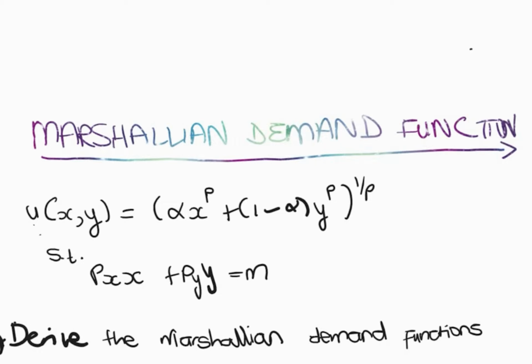The agent has a choice to make between buying good X and good Y, or buying a certain number of good X and good Y, given the prices of each good, and they have to make the decision in a way that maximizes the total utility. So this is a utility maximization problem given the prices for both goods and the income that you have. So let's get started.